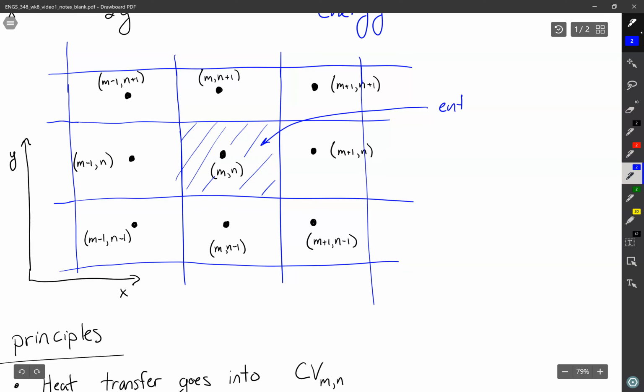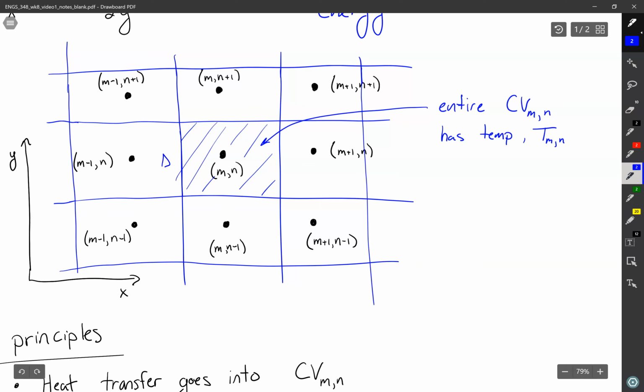So this entire CV, control volume, this is our control volume MN, has temperature T MN. Again, this is a small chunk.